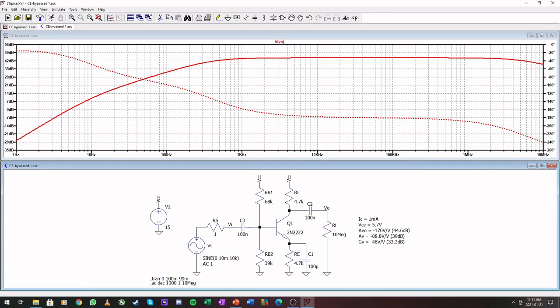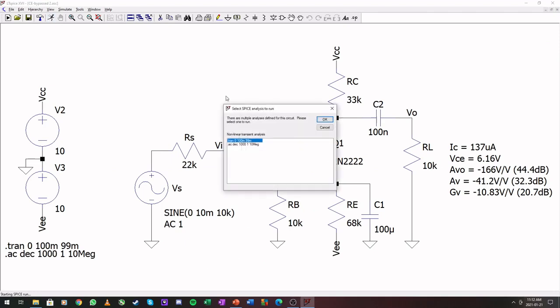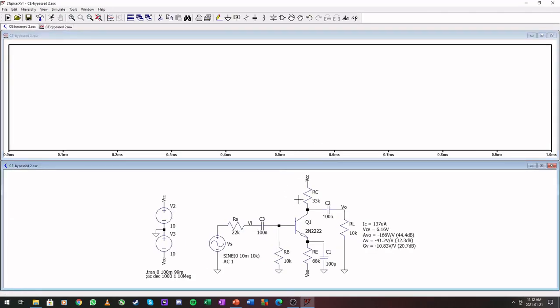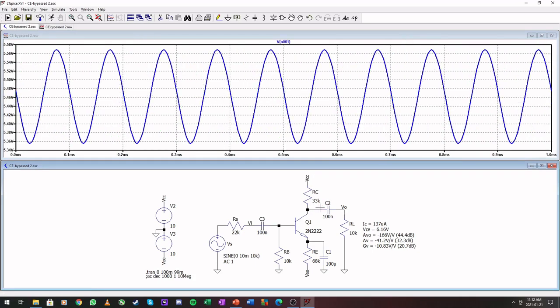Okay, let me open the next simulation. Right, here is the next one. Let's run it. And what did we have? 137 microamperes. So this offset is exactly that.